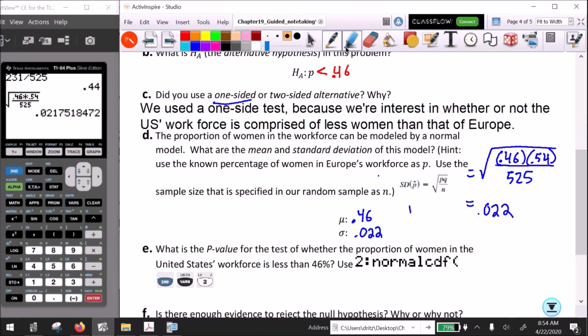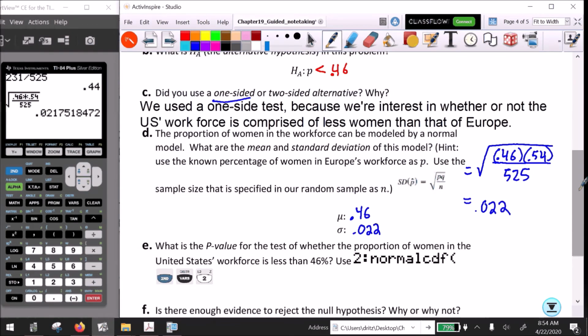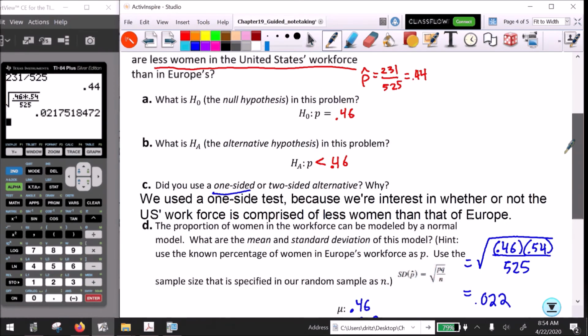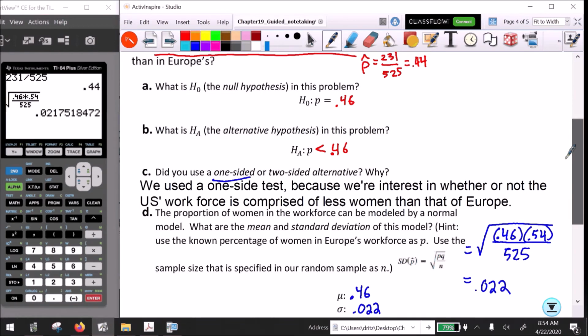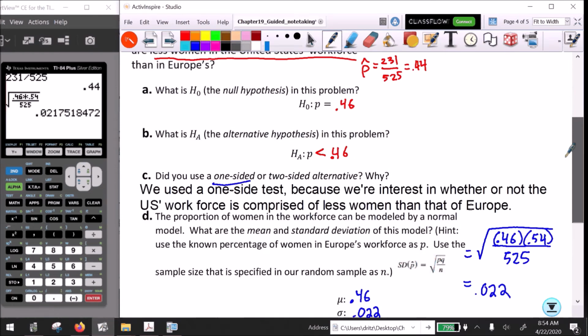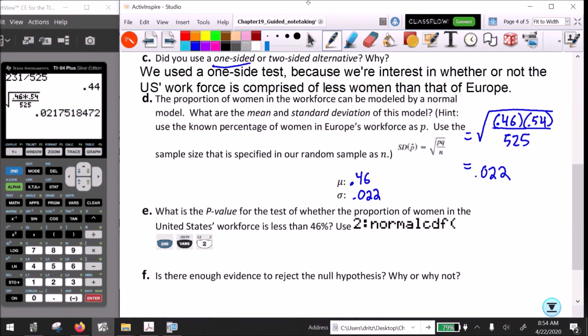Alright, so now we have to see, is our sample proportion of 44% of women small enough for us to reject the null hypothesis? So we did a sample of 525 employee records in the United States, and we found that 231 of those employees were women, which was 44%.